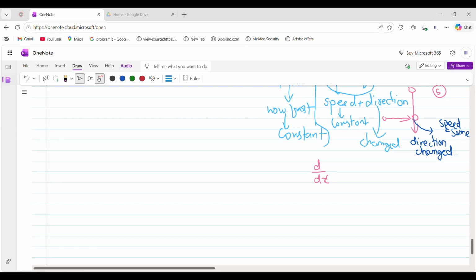Basically know some basic concepts. If you are taking the derivative, the change of x with respect to x, because x is written in the denominator, right? If both variables are the same, your answer would of course be 1.